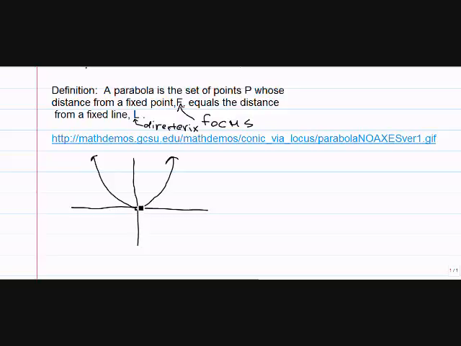So this point is still called the vertex. I'm going to have a point that is inside the parabola, on the same axis as the vertex. That point inside the parabola is the point we're going to call the focus.